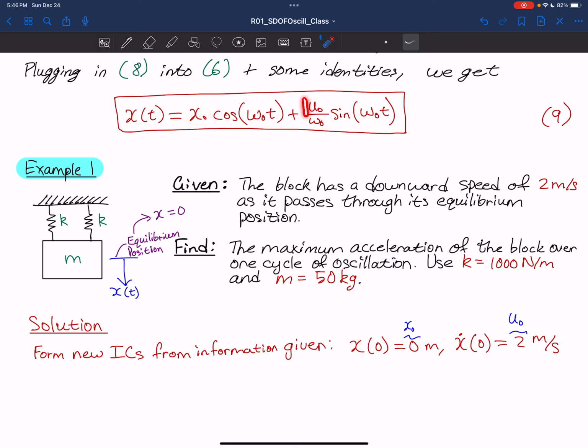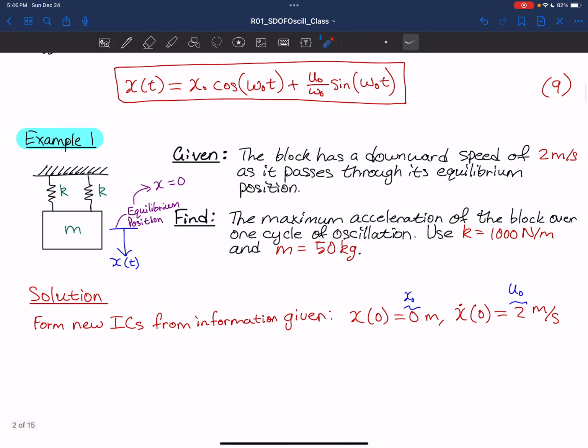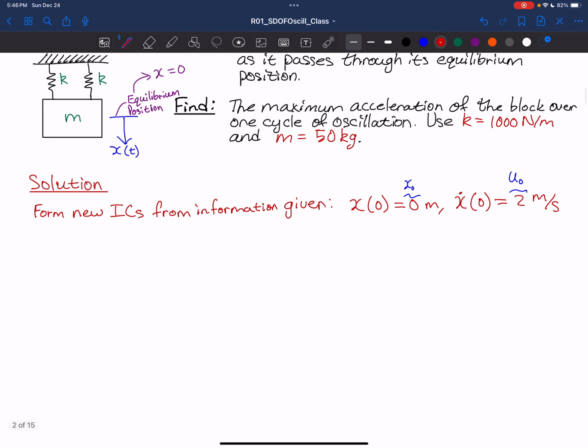And so we are only left with the term with the sine in it. So from equation 9, we can write, we don't even need to write the equation of motion, we'll just say x of t is equal to 2 divided by omega 0 times the sine of omega 0 t.